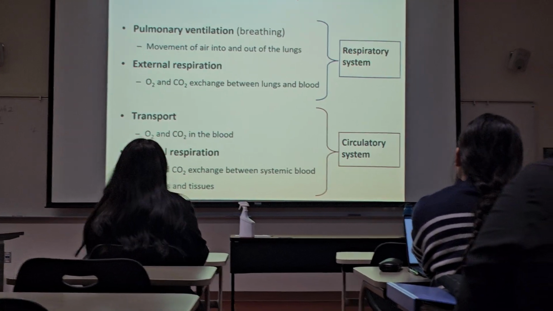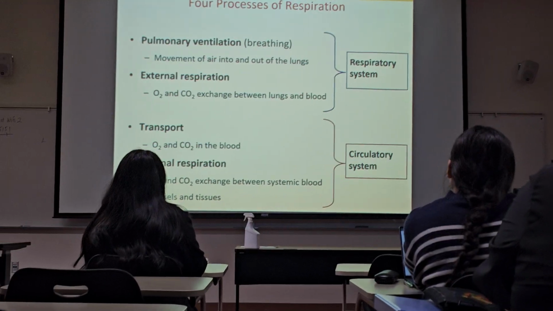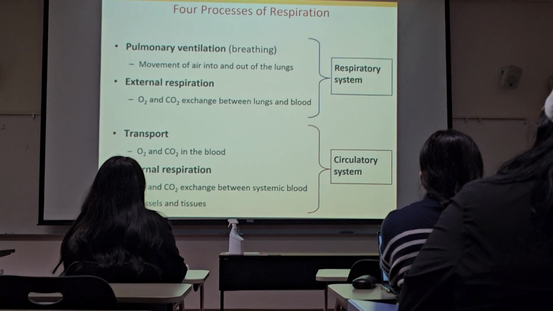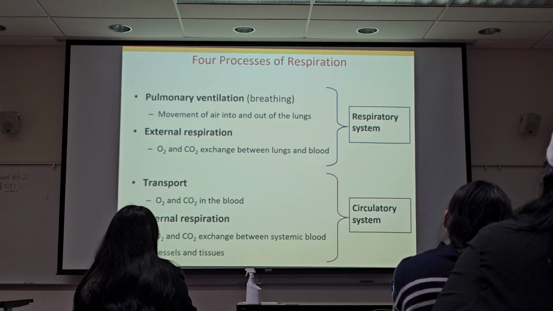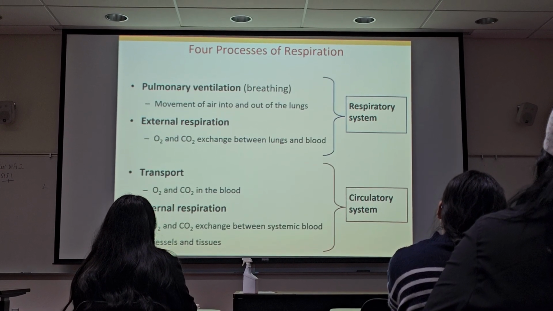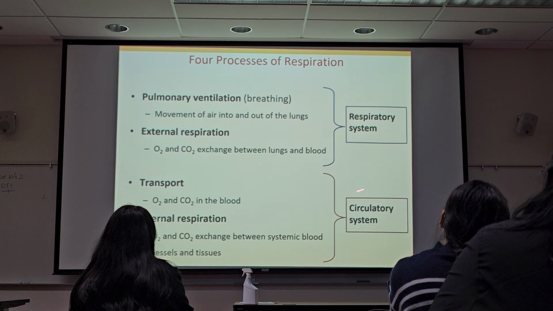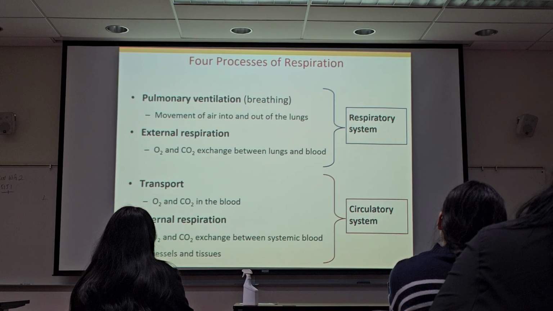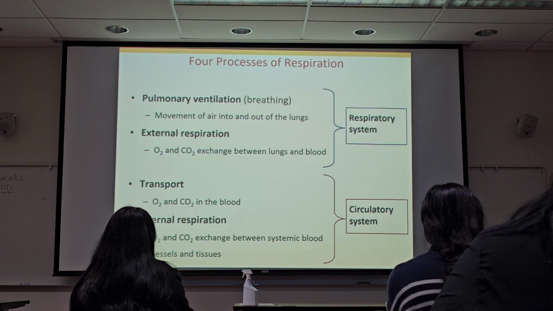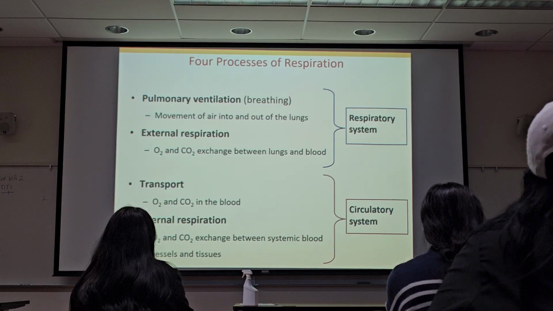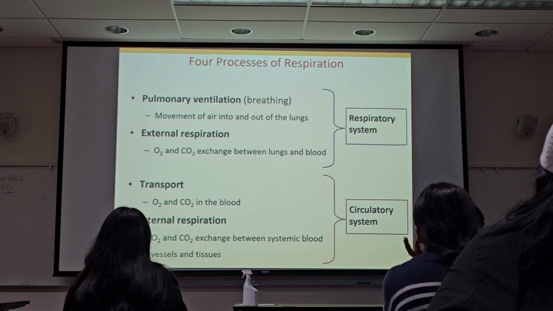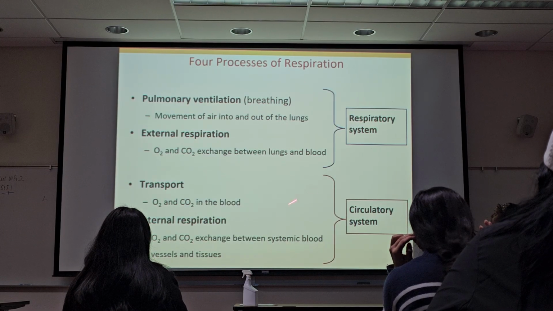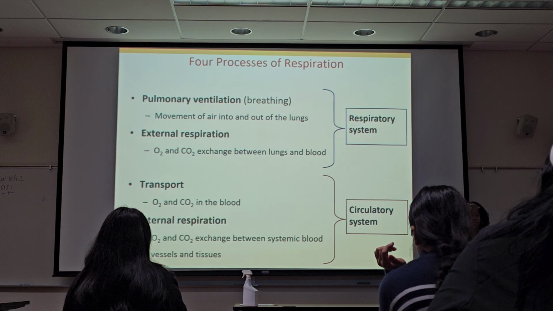This is where we get the exchange of gases between what's traveling in the blood, like oxygen in the blood, with the tissues in order to service the cells in the body. That's a part of the circulatory system: getting that oxygenated blood to the tissues, delivering it to them, and then picking up their waste product, carbon dioxide, getting that back into the respiratory system so that we can breathe out that carbon dioxide.